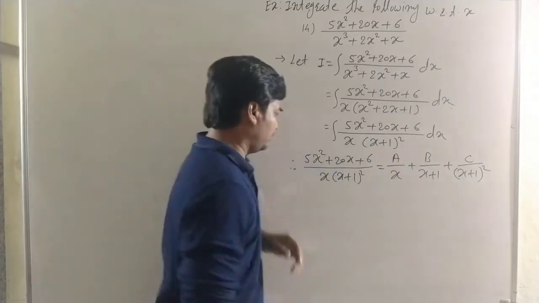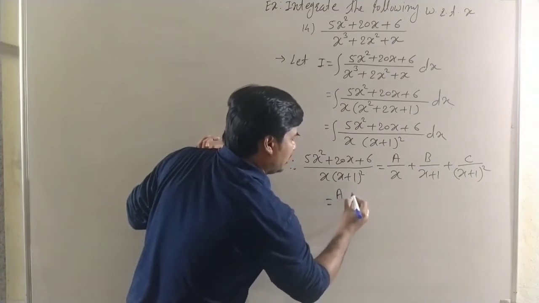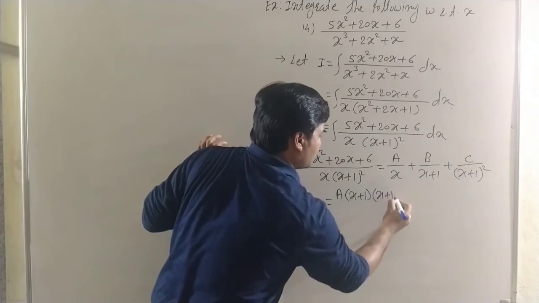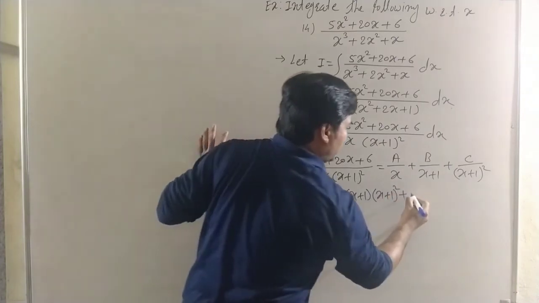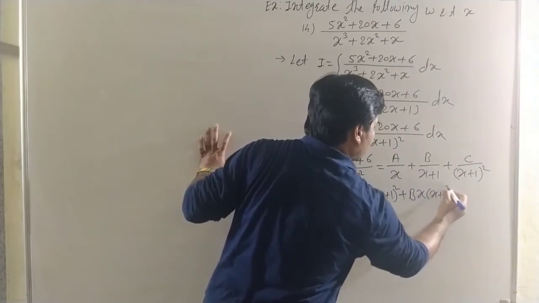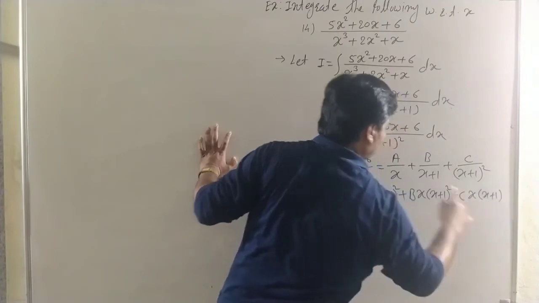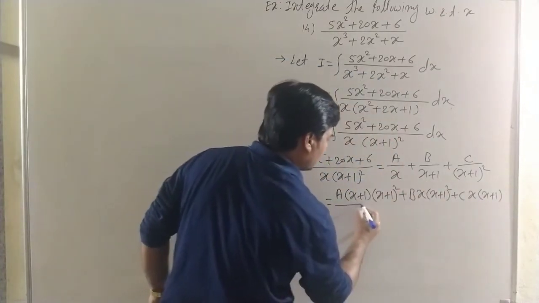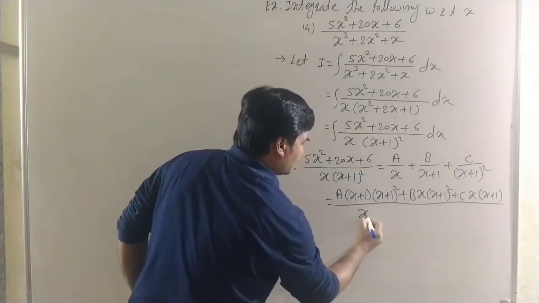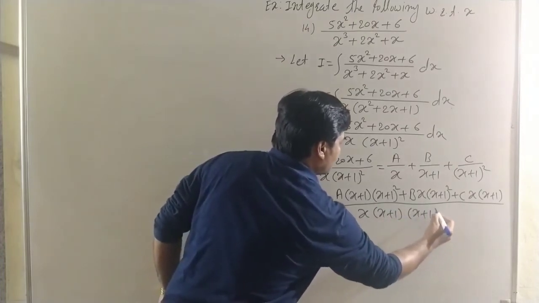First take the addition of these three terms, then we can write A into (x + 1)² plus B into x into (x + 1) plus C into x, upon x into (x + 1)², the multiplication of these three denominators.